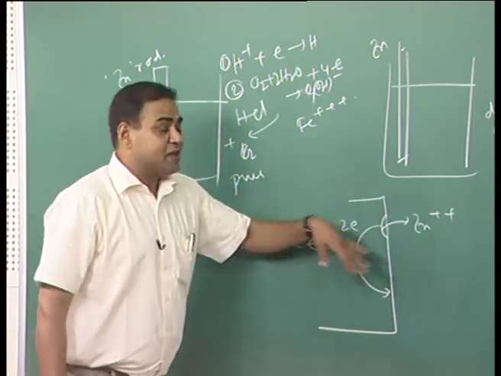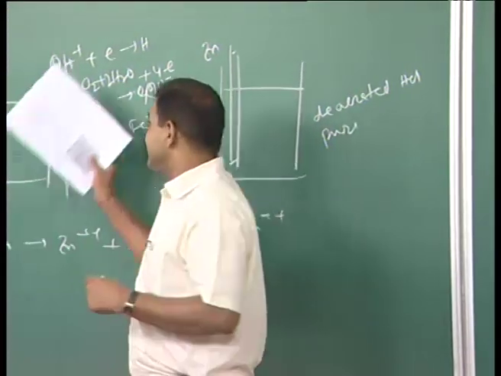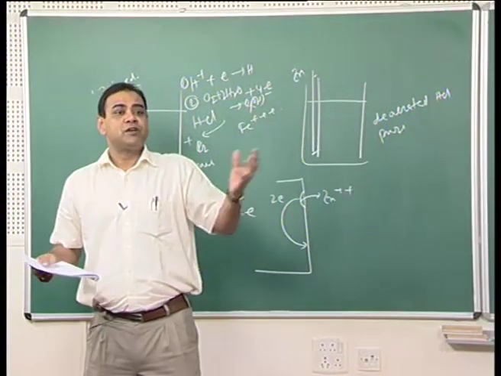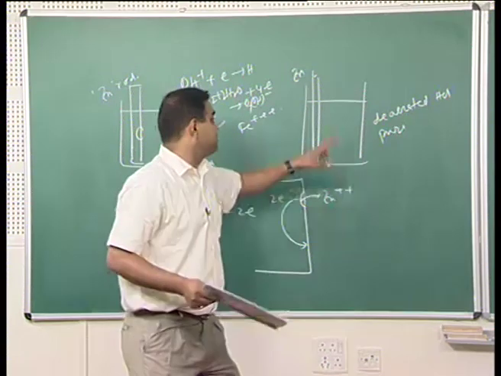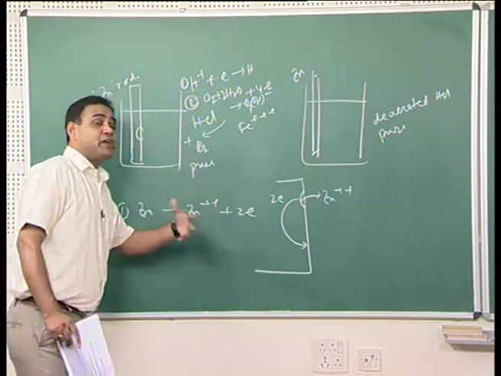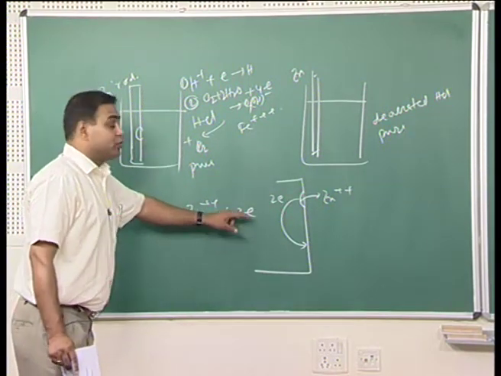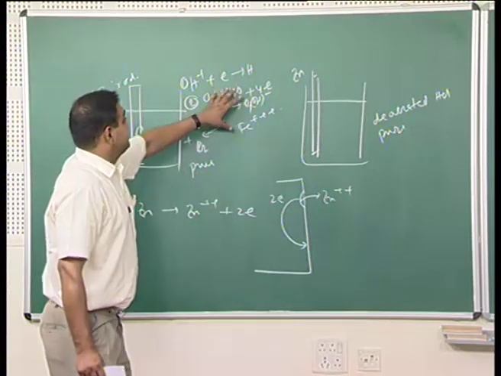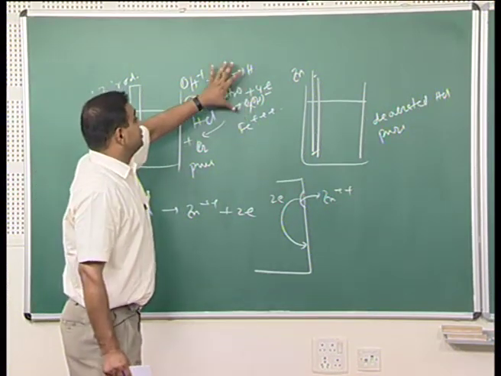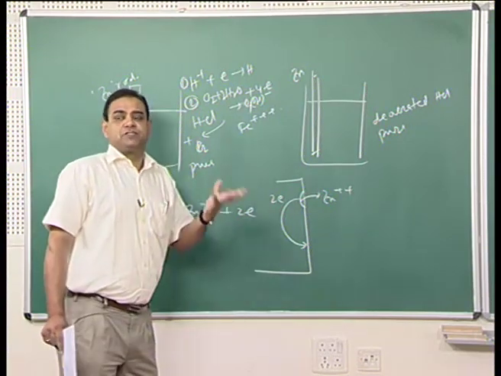So, simultaneously, in order to balance that extra charge, here you are consuming more electrons. So, electron must come from this source, from this anodic reaction. So, more and more zinc ion should come into the solution, leaving 2 electron, more and more electron, so that electron will be sufficient to take care of these two reactions in order to maintain charge balance.